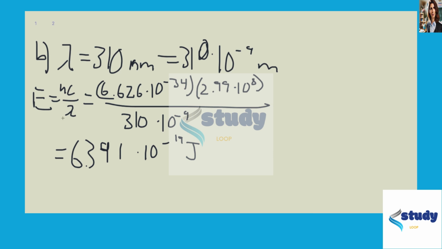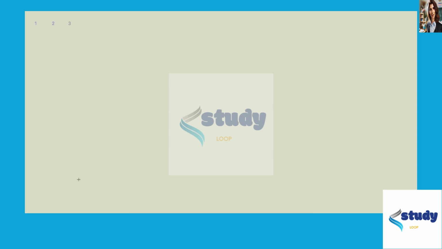Letter C just asks which of these has a higher energy, and that is 2 EHMC. As we calculated before, you can look back at A and B and see that it has the higher energy. Now letter D asks, why would sunscreen contain both of these chemicals?